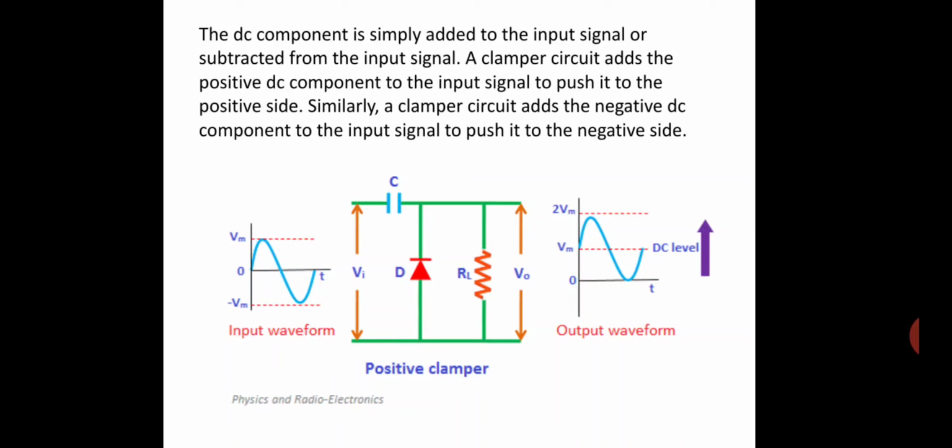In the positive cycle, the diode's first part is negative but the input is positive, so the diode is in reverse bias, and in reverse bias the diode works as an open circuit. So the capacitor is charged to the peak value Vm, the diode is reverse biased and open, and the input positive cycle goes to RL.